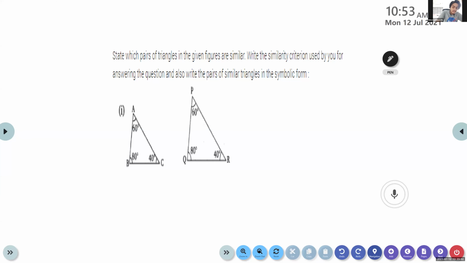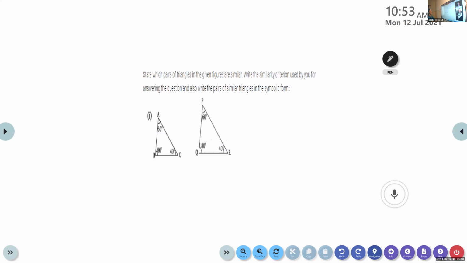Write the similarity criteria. Should we write this full question? Yes. State which pair of triangles in the given figure are similar.